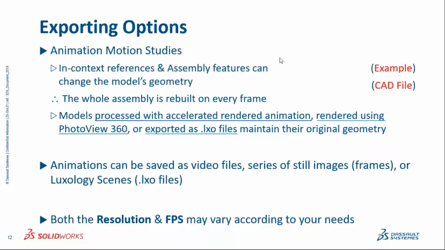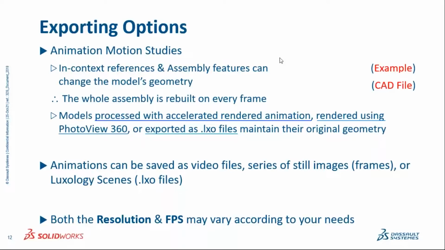So if I have a model that's changing throughout the animation, but I saved or exported the animation using PhotoView 360, I actually get a still shape of the model. It doesn't rebuild on every frame. Okay. So now that we've known this about animations, let's get into real exporting.